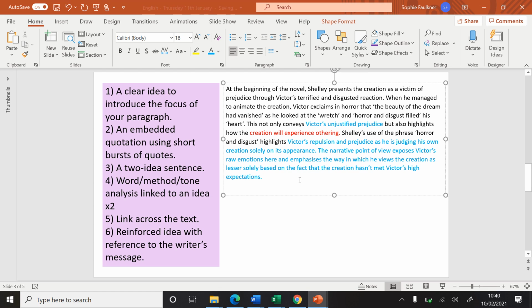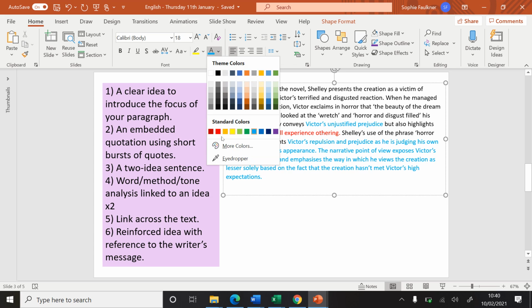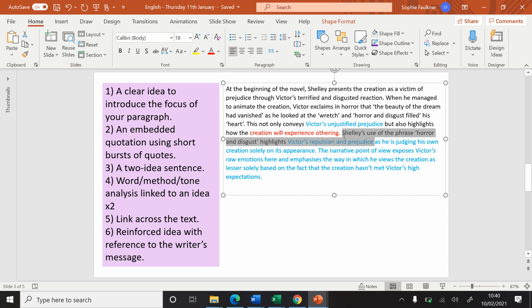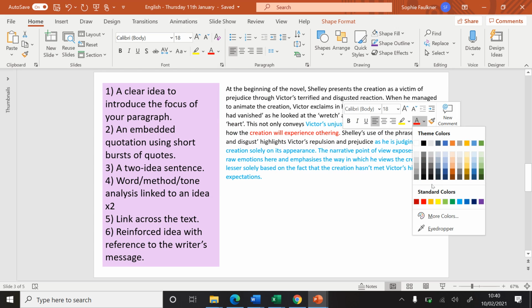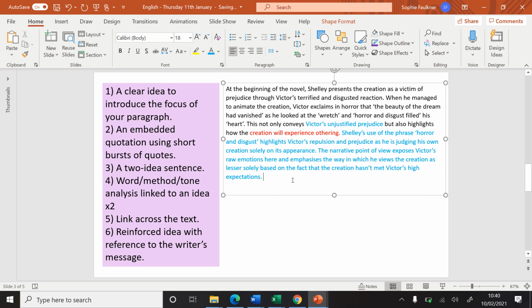All right, now I'm going to analyse tone, I think. So I'm going to change to red because I'm going to analyse tone based on that second idea about othering. Victor may have said this quote in a horrified tone. Remember we're using may because we don't actually know, and we are using the same tone word as we've used in our embedded quotation.